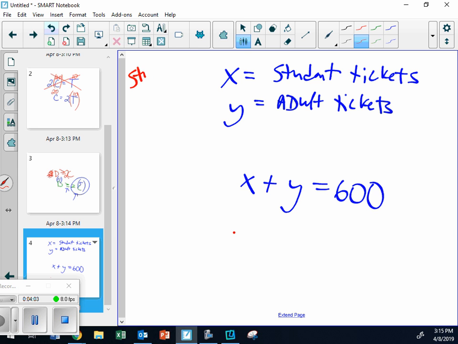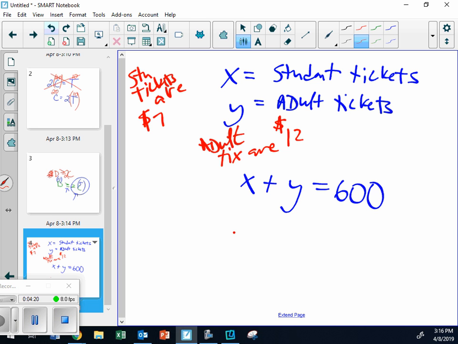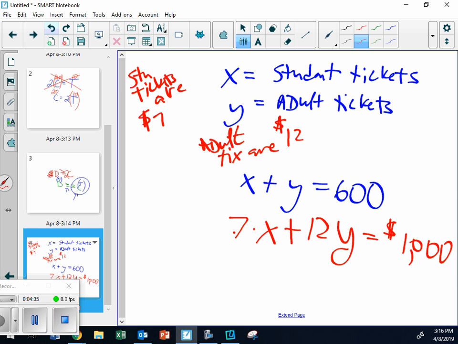Well, if student tickets are $7 and adult tickets are $12, then we could say 7 for each student plus 12 for each adult adds up to, let's say you brought in $1,000. That's how you can make it into money, by including the money part and multiplying it by each of your variables.